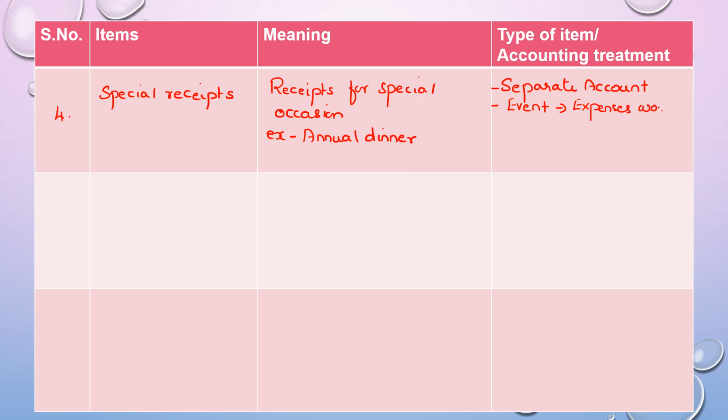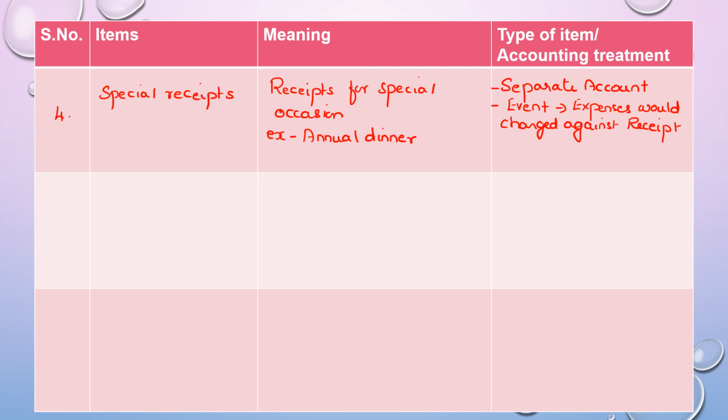Expenses would be charged against the receipt. So once that particular event has occurred, what is done? Whatever expenses have been incurred will be charged against the receipt, and according to the net amount can be written on the debit or credit side.